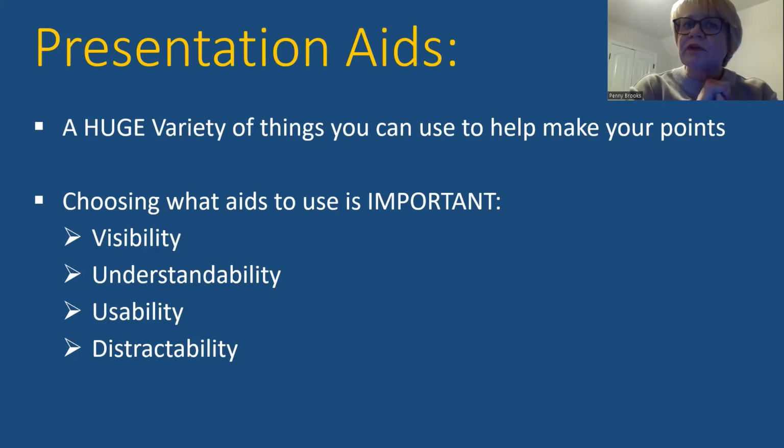And then distractibility is a super fun one. Make sure that your visual aids are not going to be distracting from what you're trying to say. If I'm making a pie, and I've got a pie in the oven, because one of the things we like to do is at the end show, oh, this is the final product. So let's say we have a lovely pie in the oven. I'm in front of the Ladies Aid Society of Sumter County, and I'm demonstrating how to bake the crust and how to do all the stuff.